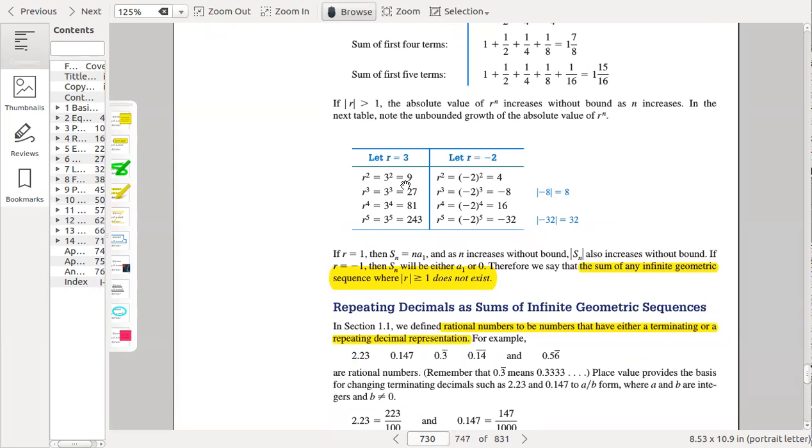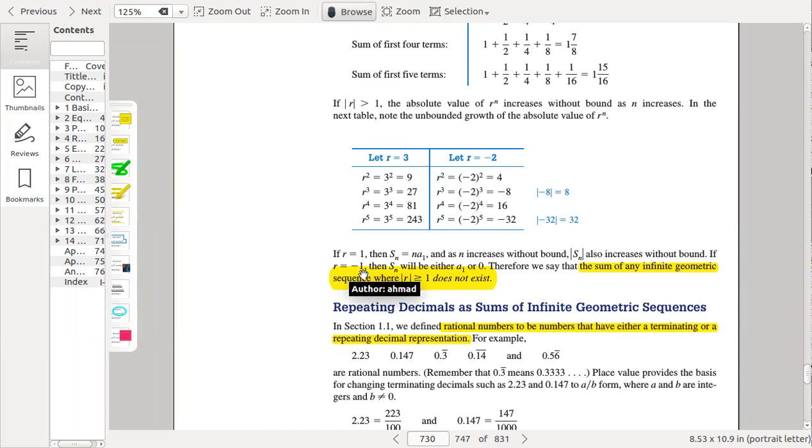If r is greater than 1, the next term is increasing: the second term is 9, third 27, then 81, then 243. Similarly, if r is less than minus 1, the terms are fluctuating, one positive and the next negative. So it is an oscillating series, meaning once you have a positive sign and next a negative sign.